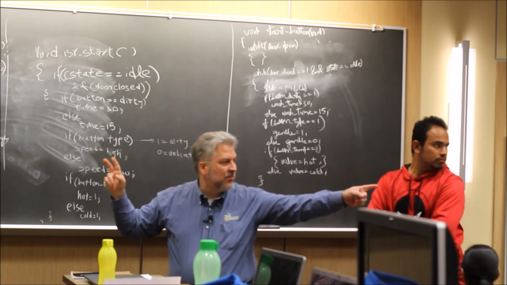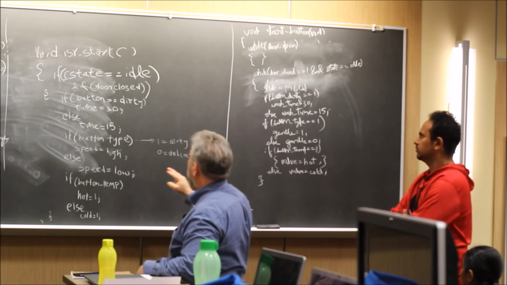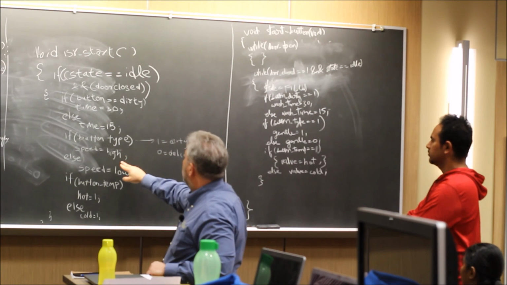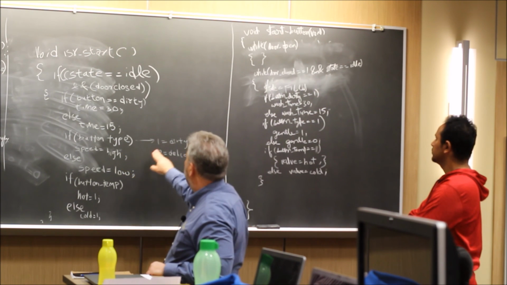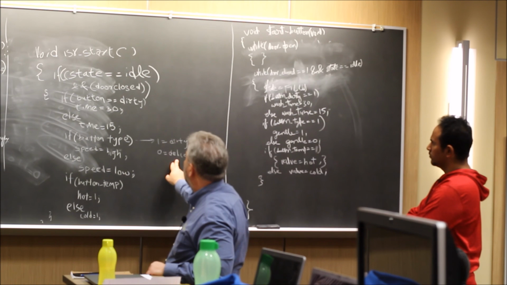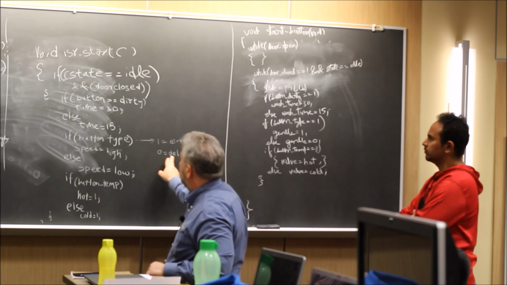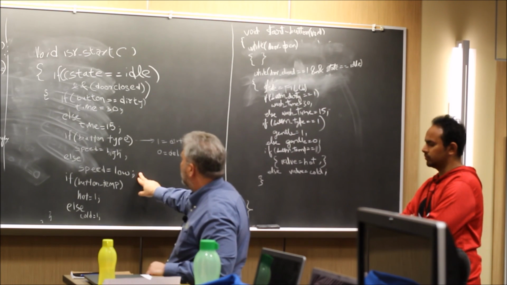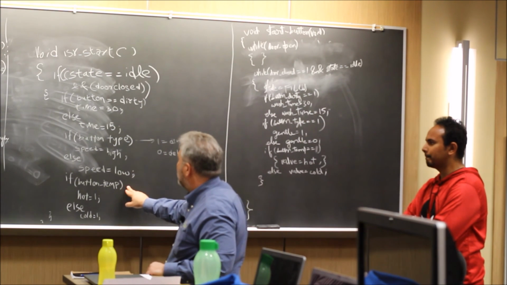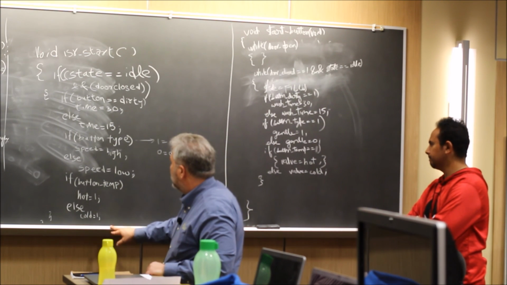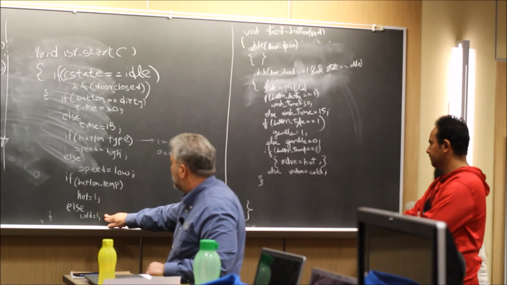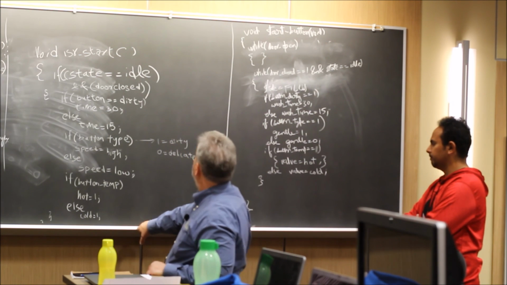That's what I wrote up there, right? If button type, dirty versus not dirty, speed equals high. Well, that's interesting. Speed equals low. If button temp, that means hot is equal to yes, or hot is equal to 1, else cold is equal to 1. So here's a question.